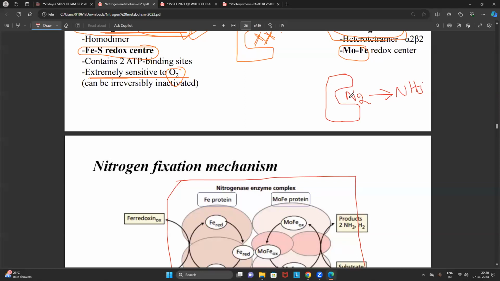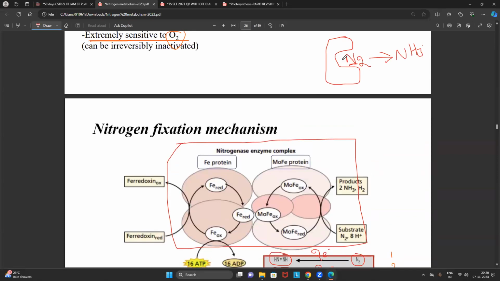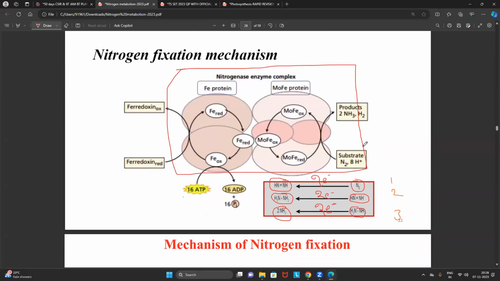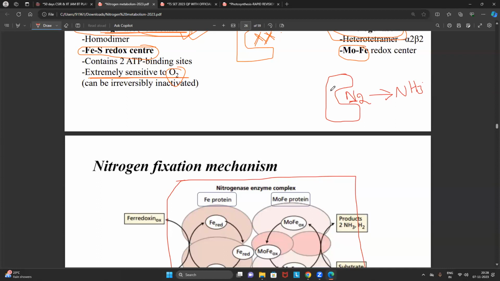Now the question is very clear. If the N2 wants to attach to the active site, we require 1 more pair of electrons. So my friends, my point is very clear to all of you. If nitrogen wants to attach to the enzyme, it requires 1 pair of electrons.